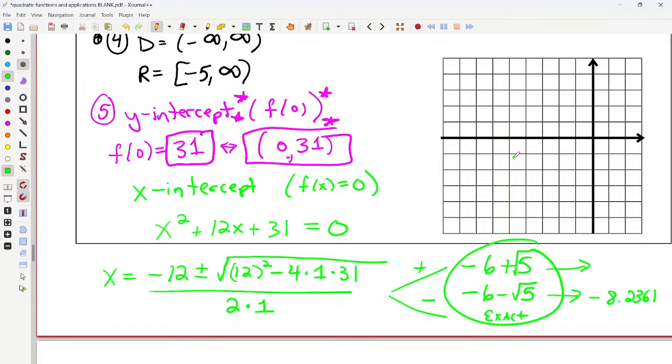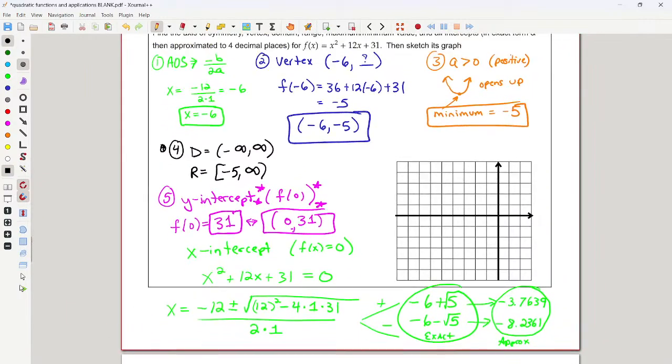And -3.7639 after rounding to 4 decimal places. Actually, that didn't round. This one rounded up. Those are your approximate x-intercepts.